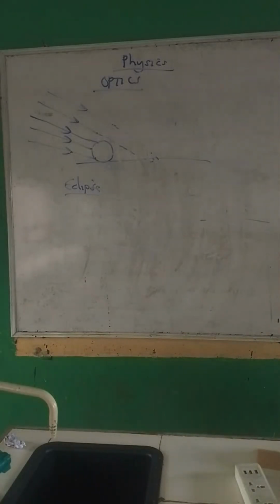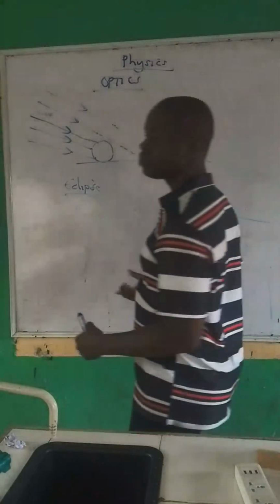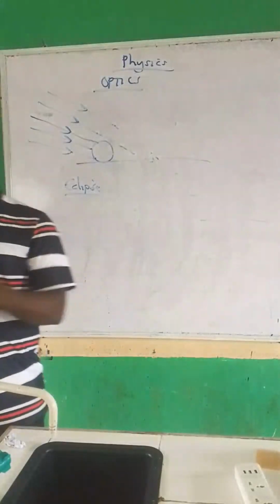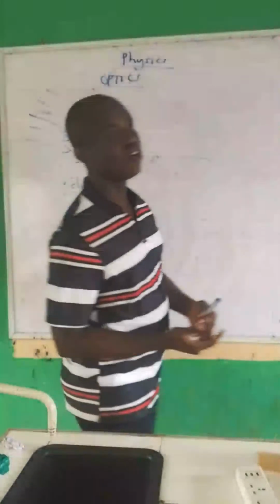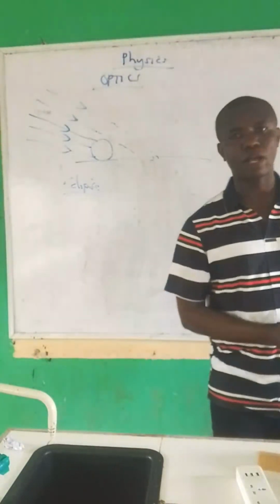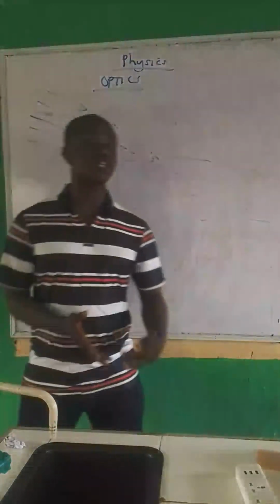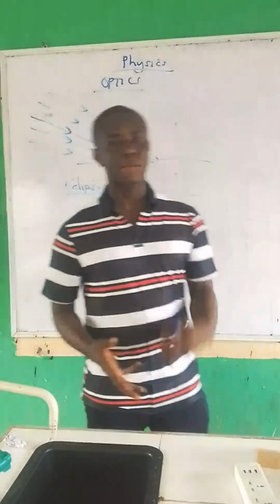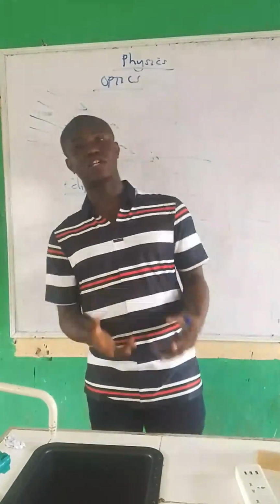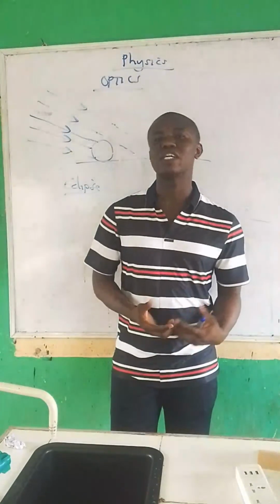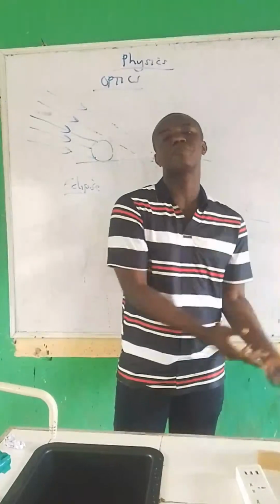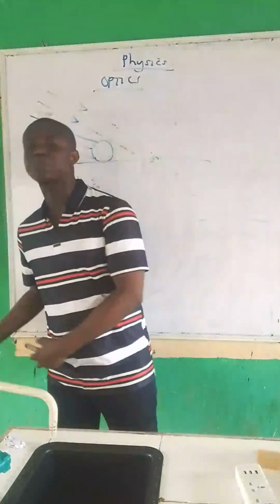What are eclipses? An eclipse is a sudden cut-off of light from a planetary body, owing to the fact that the shadow of another planetary body is being cast on that planetary body. That is how simply I can put it.